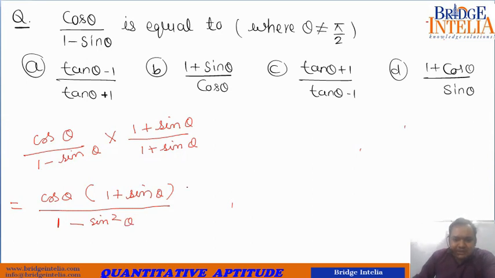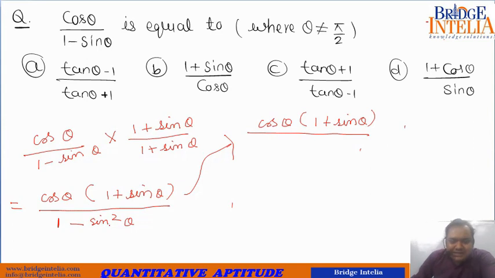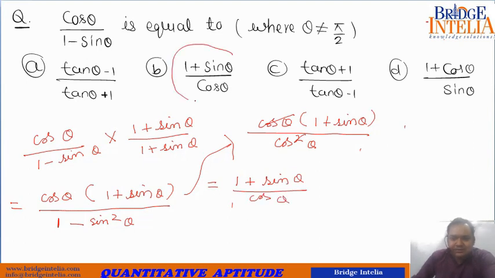So this can be written as cos theta into 1 plus sin theta, whole divided by 1 minus sin square theta, which is equal to cos square theta. One cos theta gets cancelled, so we are ultimately left with 1 plus sin theta whole divided by cos theta. So this is the correct option.